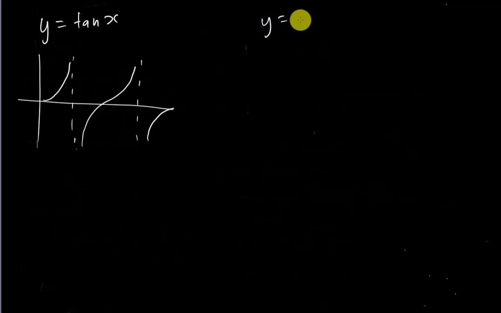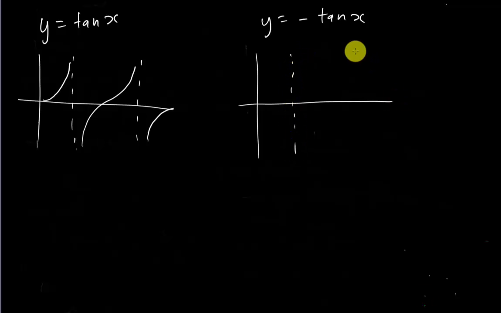So if y equals negative tangent x, that means whatever is in the positive will go into negative, whatever is in the negative will go into positive. So the graph will look like this. This one is in the negative, you're going to go into positive, and then you go to the negative. And then this one in the negative will go into positive. Okay, this is for tangent.